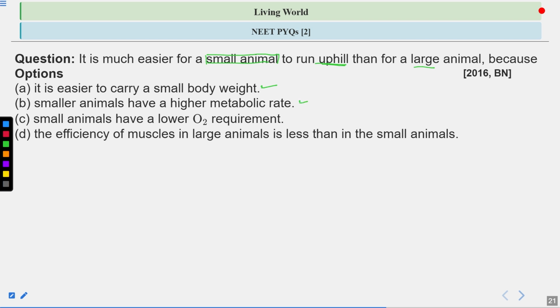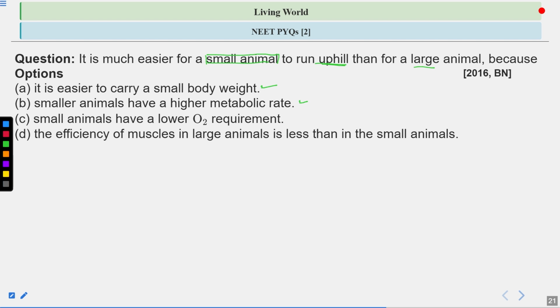So what is metabolism? The sum of all the biochemical reactions that are occurring in the body, that is metabolism. Respiration is a kind of metabolic activity. In respiration, the respiratory substrate, such as glucose, is broken down to produce energy.